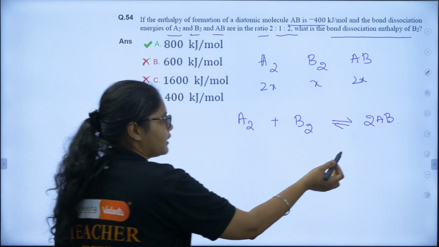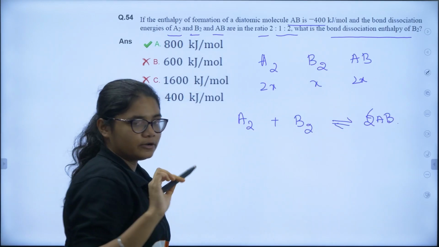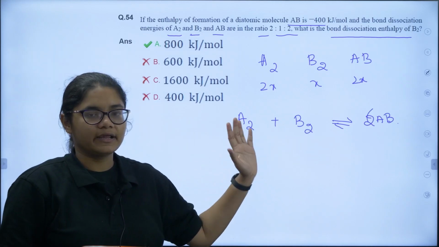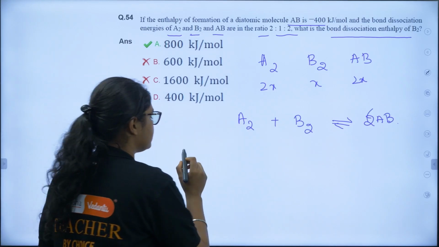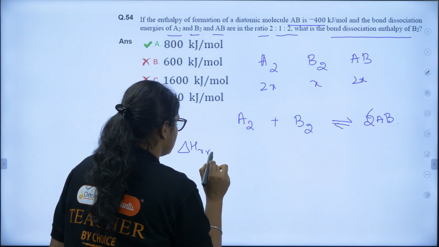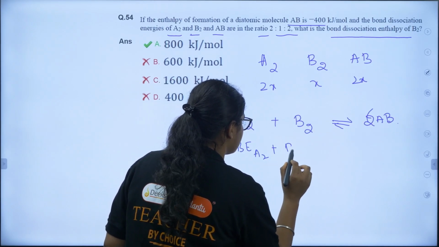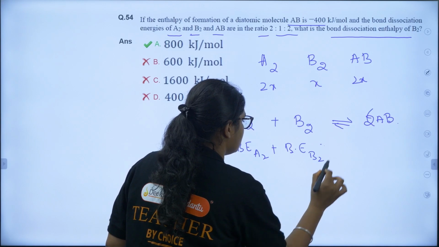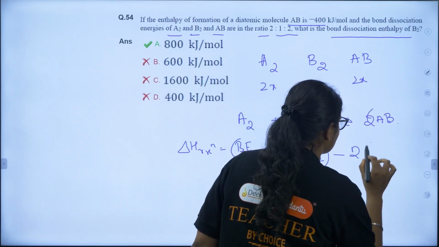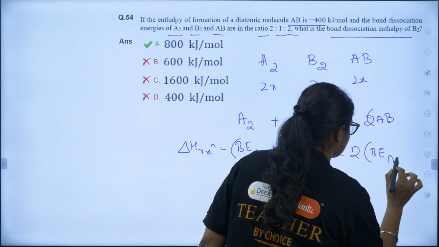For forming 1 mole of AB, we require 400 kilojoules. So if we want to form 2 moles, we will get 800 kilojoules. Now I can write that delta H of this reaction is equal to the bond enthalpy of A2 plus the bond enthalpy of B2, minus 2 times the bond enthalpy of AB.